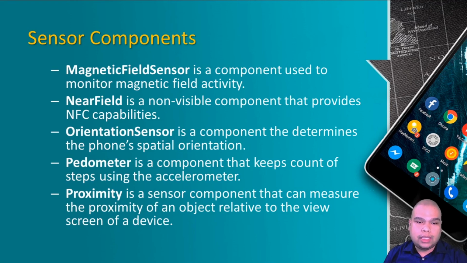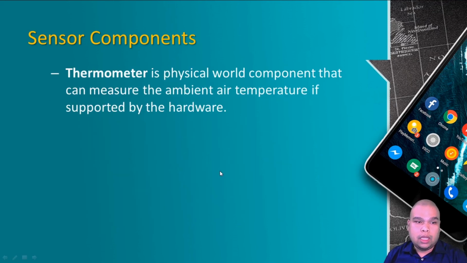Pedometer is a component that keeps count of steps using the accelerometer. We have proximity. It is a sensor component that can measure the proximity of an object relative to the view of the screen of a device. Then we also have the thermometer. It is a physical world component that can measure the ambient air temperature if supported by the hardware.